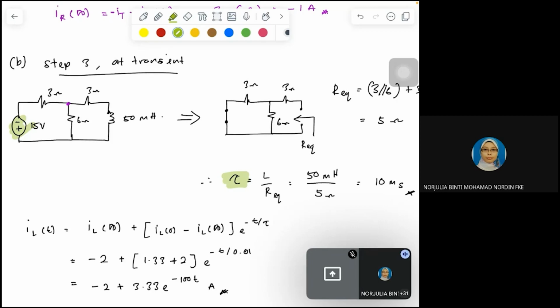For a voltage source, when we turn it off, it becomes short. So I write it down here: turn off the source, V will become short.